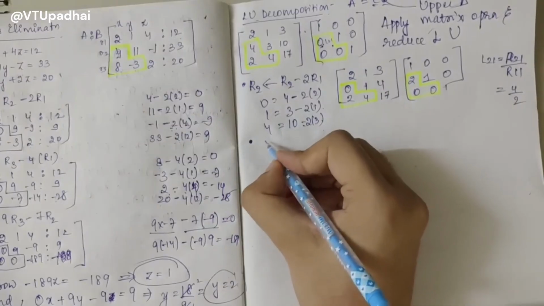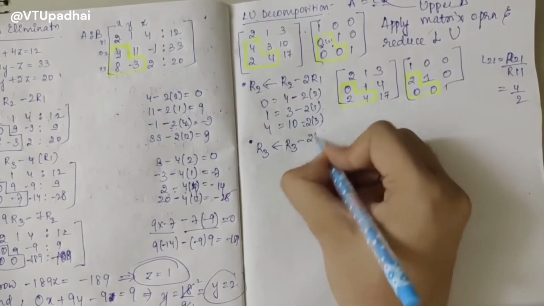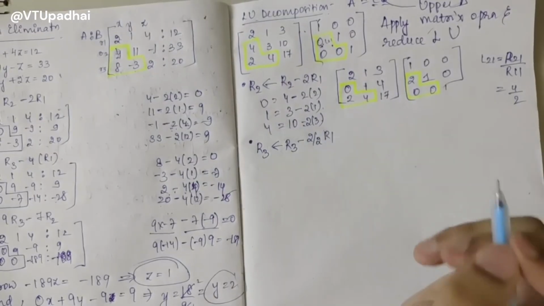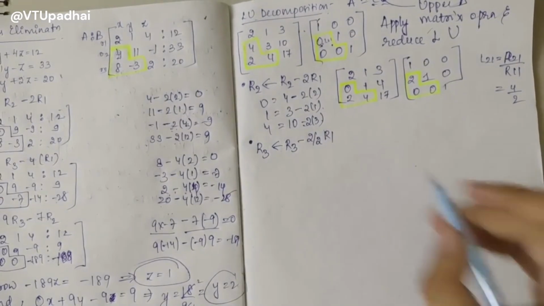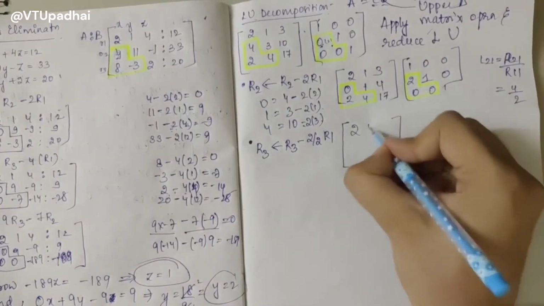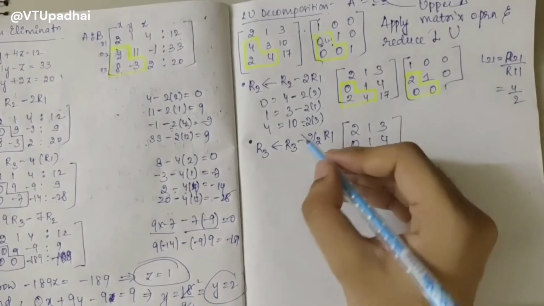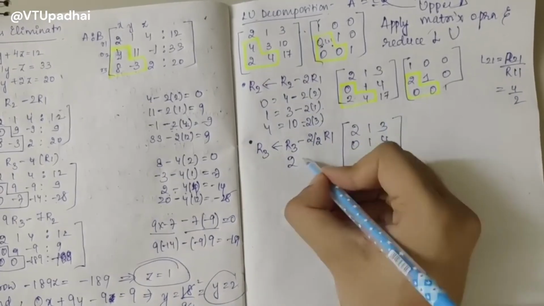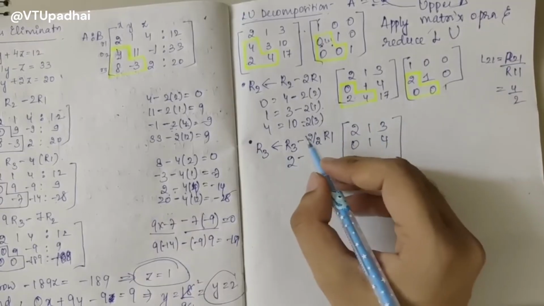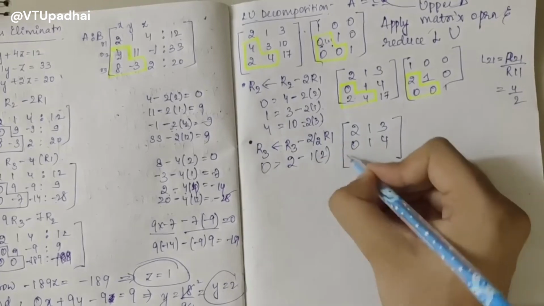In the second operation, I'll write R3 as R3 minus 2 by 2 R1. So writing for this, I'll write the first row as it is, second row also as it is. For the third row, R3 is 2 here, 2 minus 2 by 2 times 2 is 1, so I'll get 0 here.